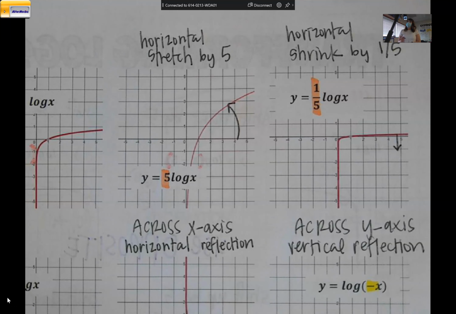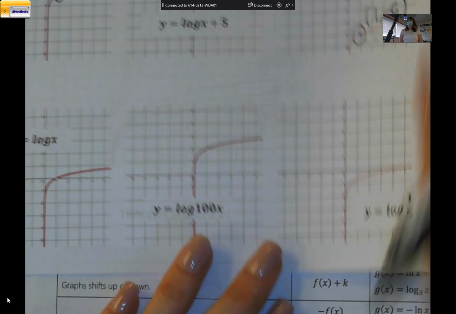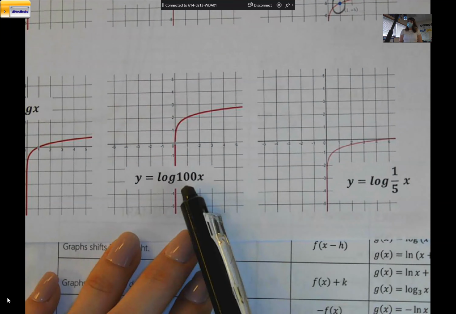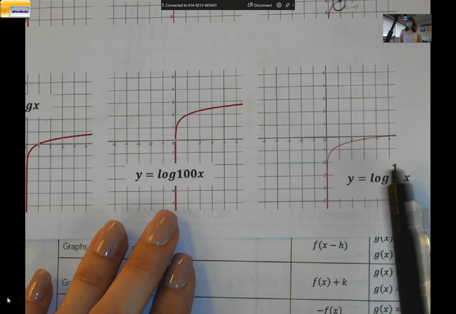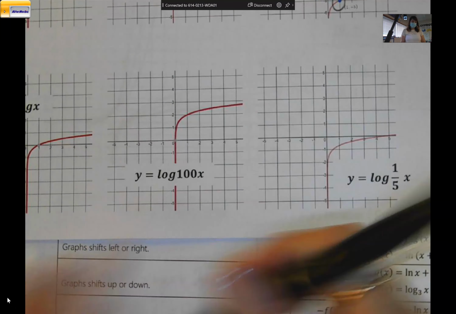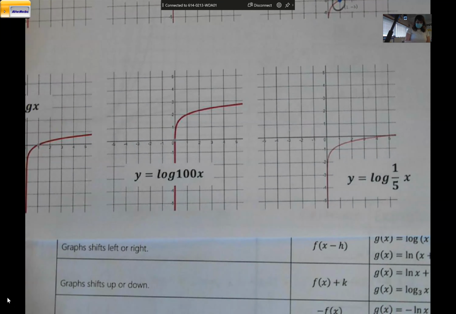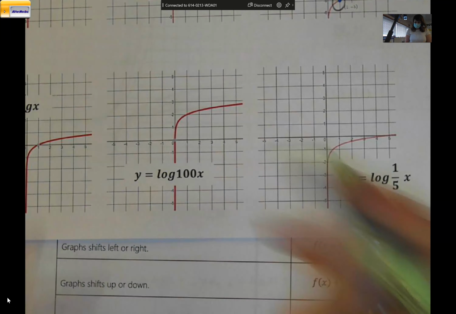However, if the number is on the inside and it's on the front of your x, this is a vertical stretch or shrink. So I'm going to just highlight him.